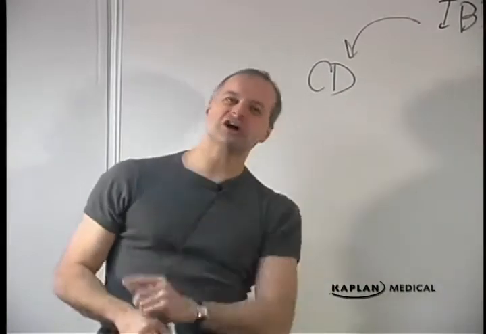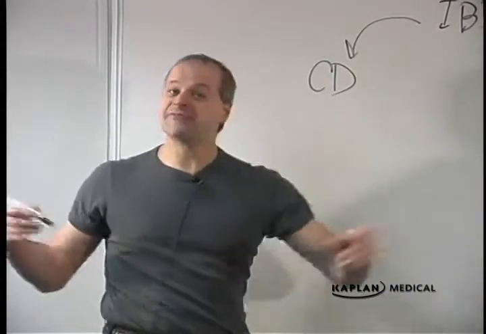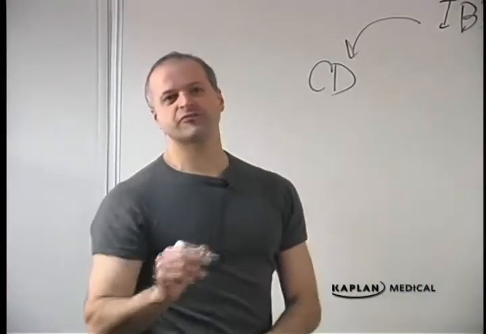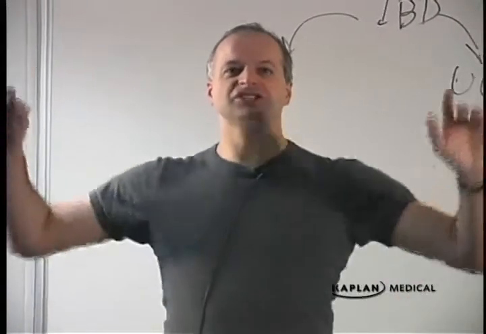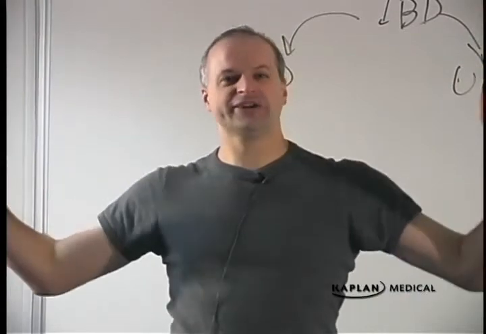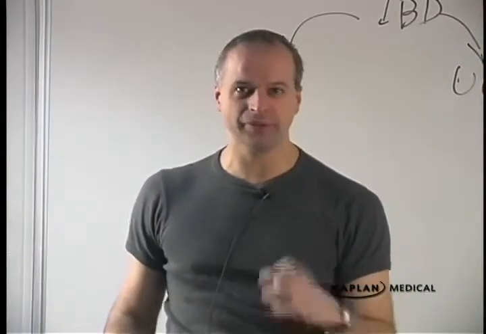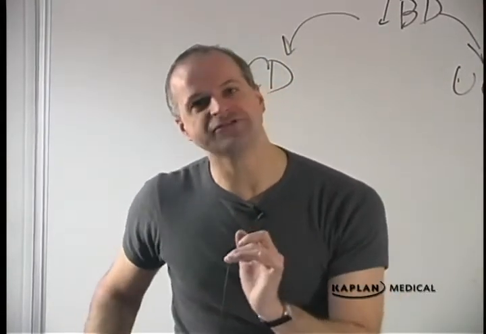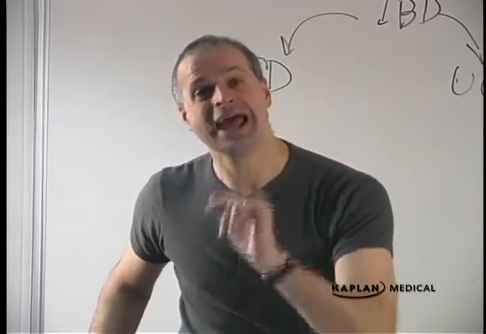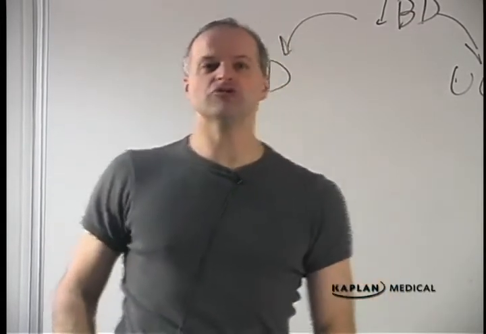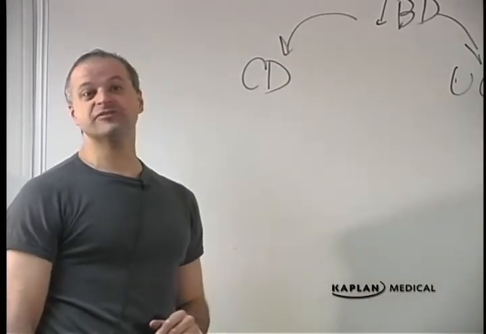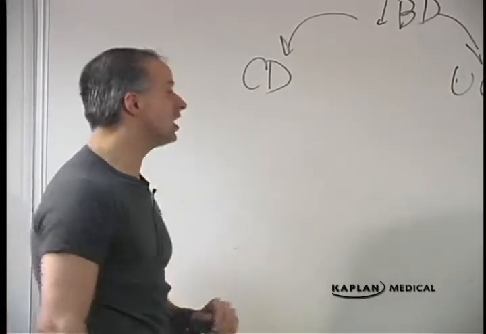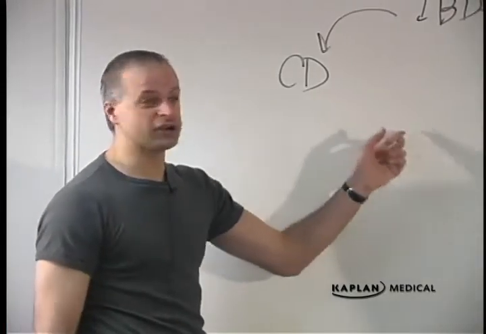But let's start first with what they have in common, what they have in unity. If we see these two diseases as different variants of the same problem, it cuts what we have to memorize in half.